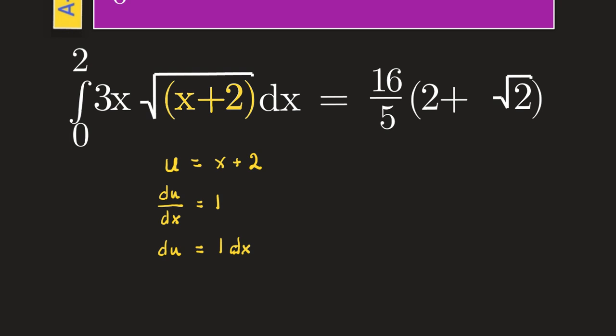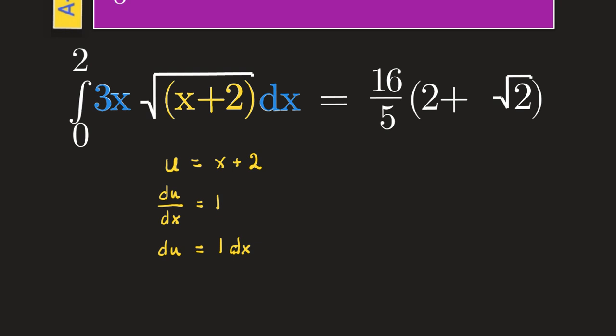And this is where the problem occurs, because we were hoping that du would be 3x dx. But we only got du to be equal to 1 dx.